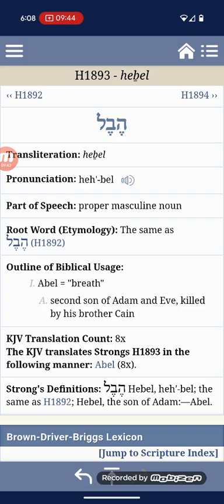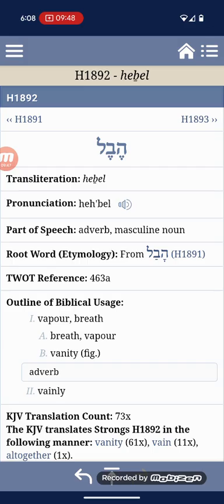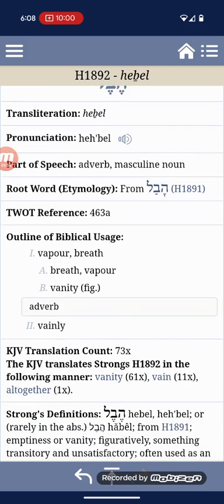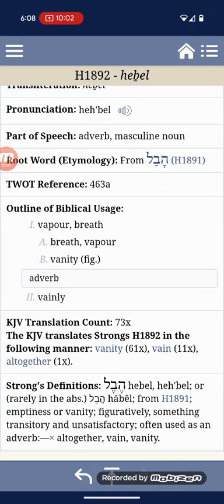But let's take a look at the root of the word also, since we're here. And it says, under the biblical usage, it says vapor or breath. It says under the Strong's definition, something transitory and unsatisfactory, often used as an adverb.